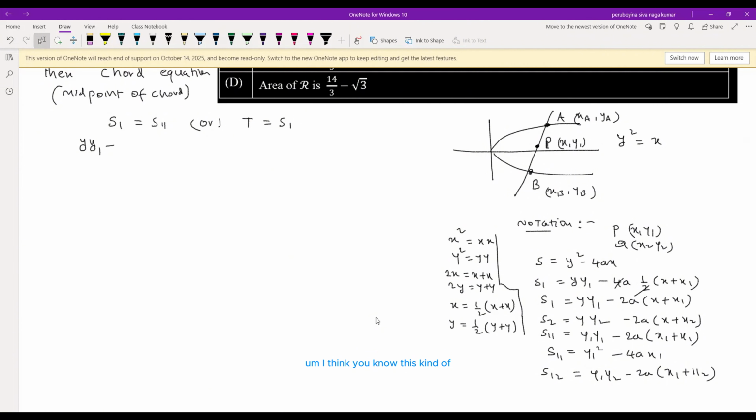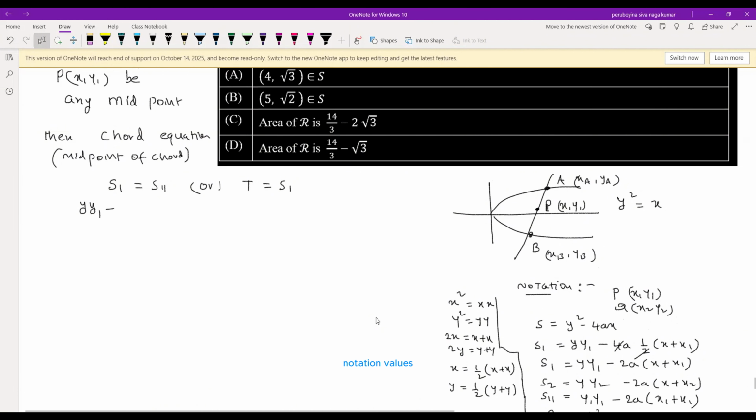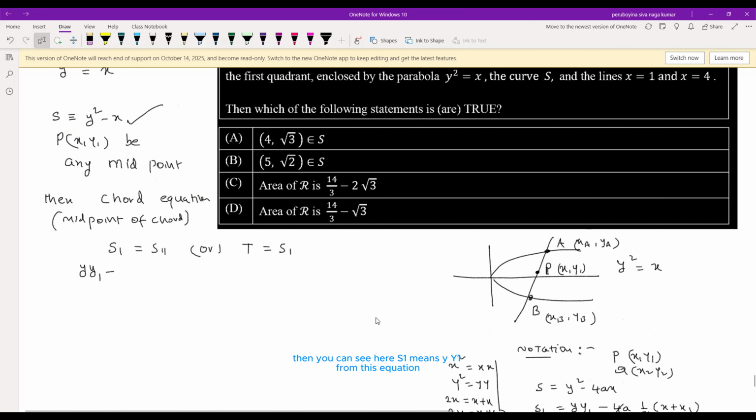I think you know this kind of notation. Then you can see here S1 means y y1 for this equation, and in the place of x you can write x plus x1, with the factor of half. This is the notation of S1, and this is equal to S11, which means y1 square minus x1.